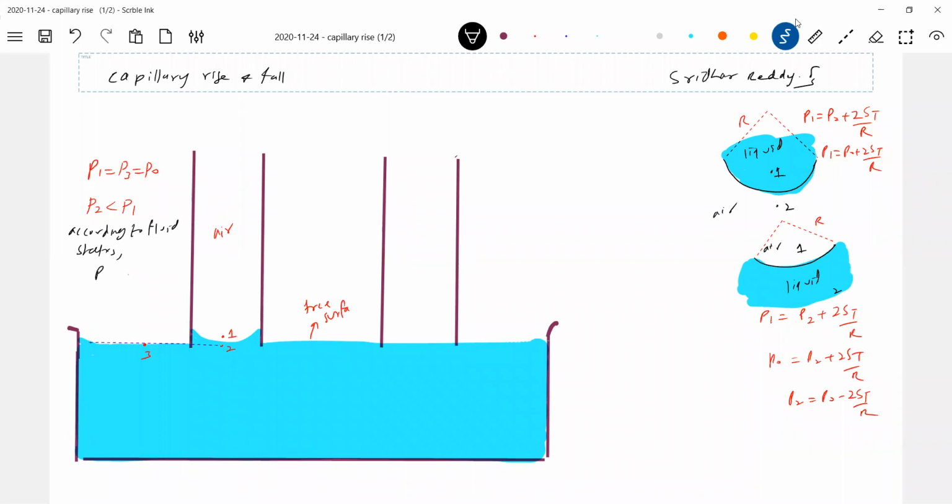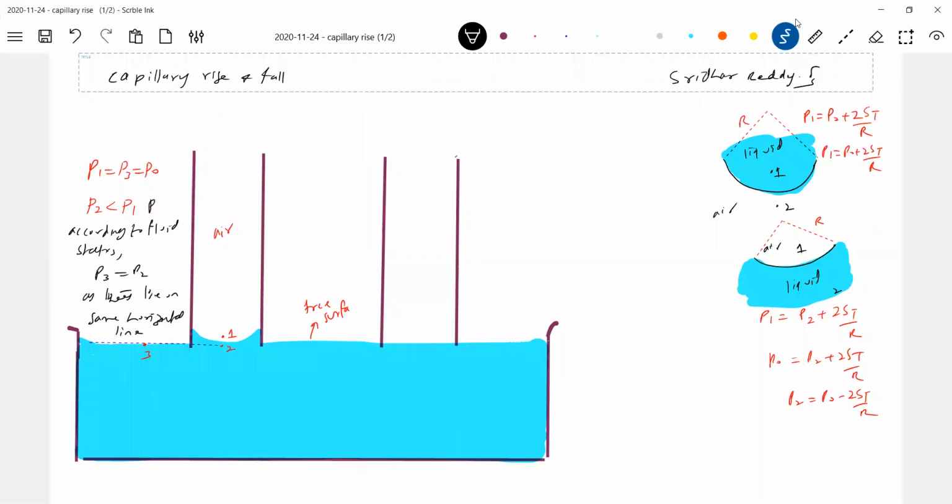Pressure at 3 equal to 2, as they lie on the same horizontal line. Tell me, what is correct? According to the situation, P3 equals P naught and P2 is less than this one.